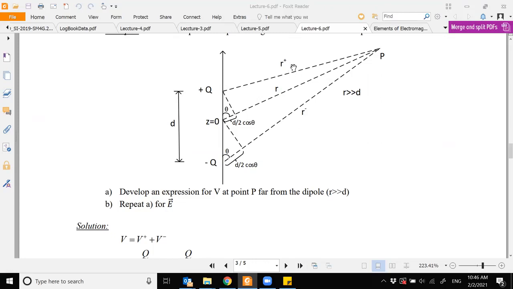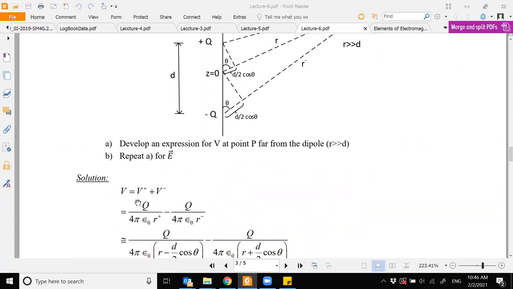These are the distances between each charge and my observation point.